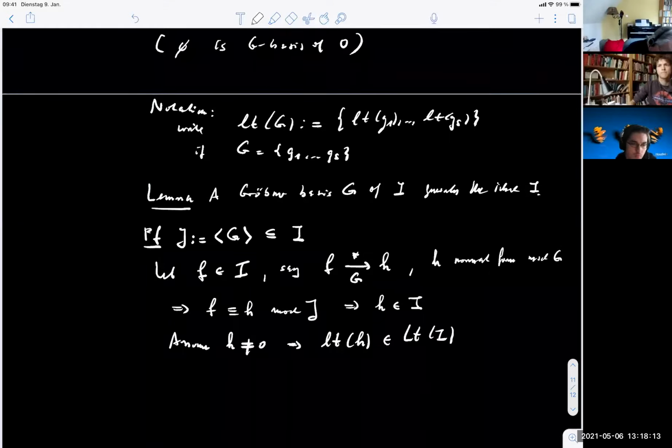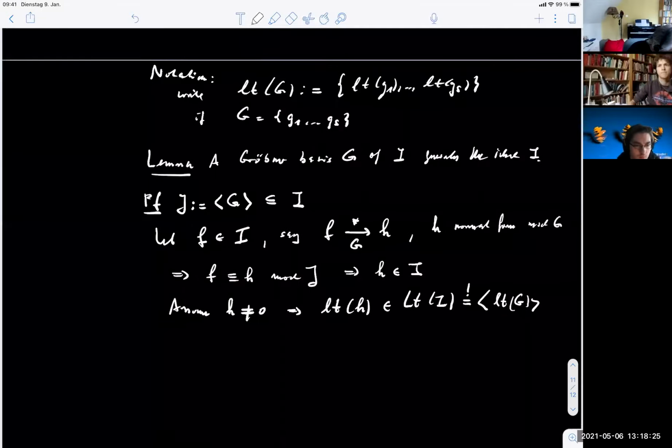Because I have a Gröbner basis, this is generated by the set of leading terms of G. But now I have a contradiction, because H is a normal form mod G, and this is not possible: being a normal form means this leading term is not here.